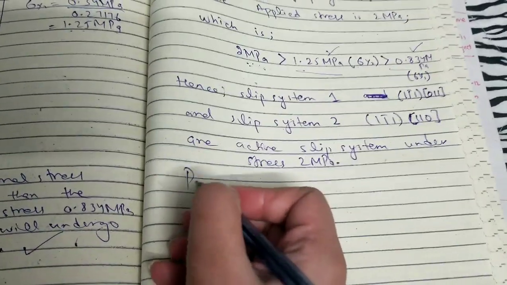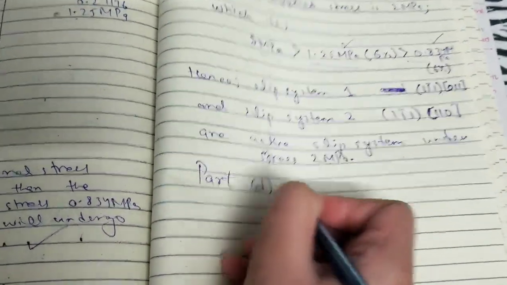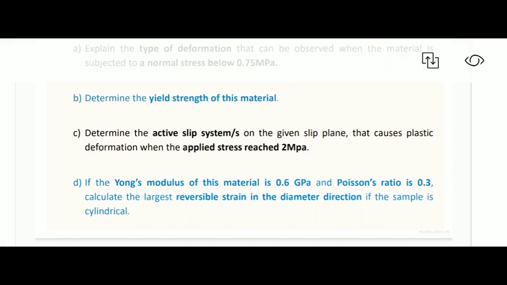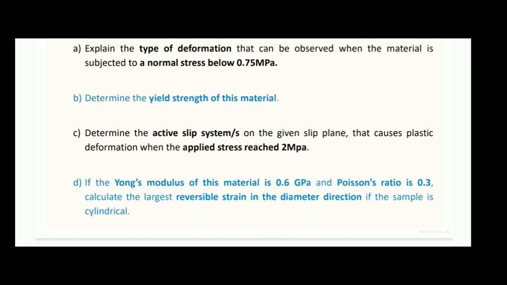Now we are going to do part D. Part D says if the Young's modulus of this material is 0.6 gigapascal and Poisson's ratio is 0.3, calculate the largest reversible strain in the diameter direction if the sample is cylindrical. The Young's modulus, we'll call it capital E, is 0.6 gigapascal, and Poisson's ratio is given.